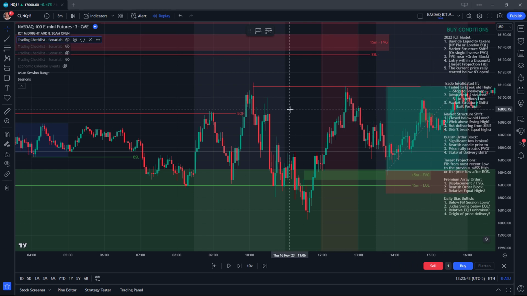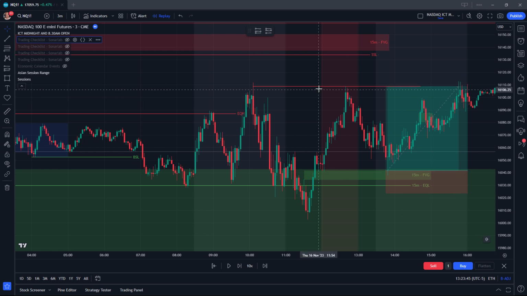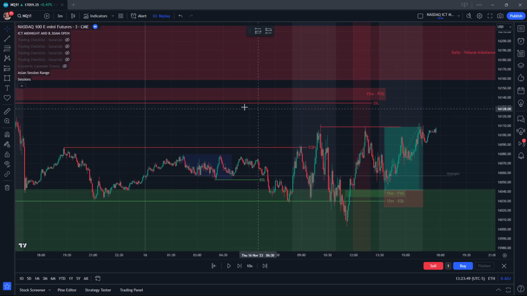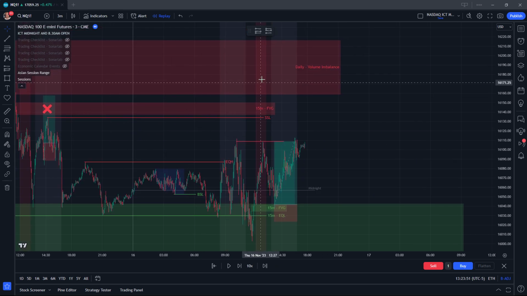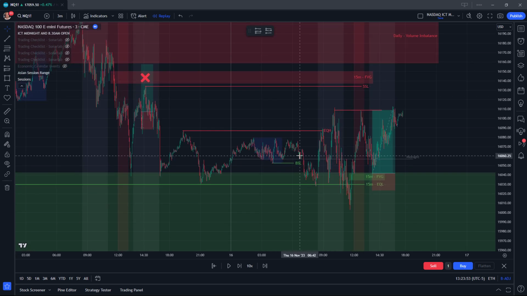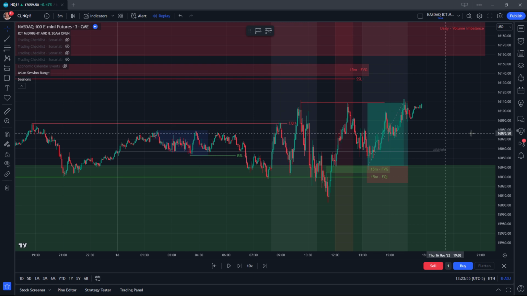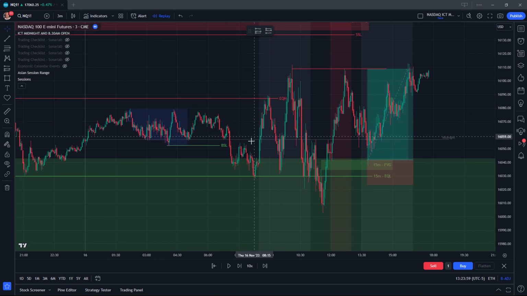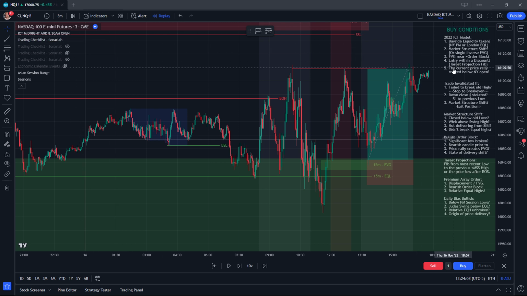Having all these rules is a really good start, but I don't think there's any way around being able to build up a narrative that starts on a weekly, to a daily, to an hourly, to a 15-minute, all the way down to 3 minutes and below. Having a whole narrative, understanding where price has gone, where the liquidity is. I don't think you can really represent that with just a five-step plan.